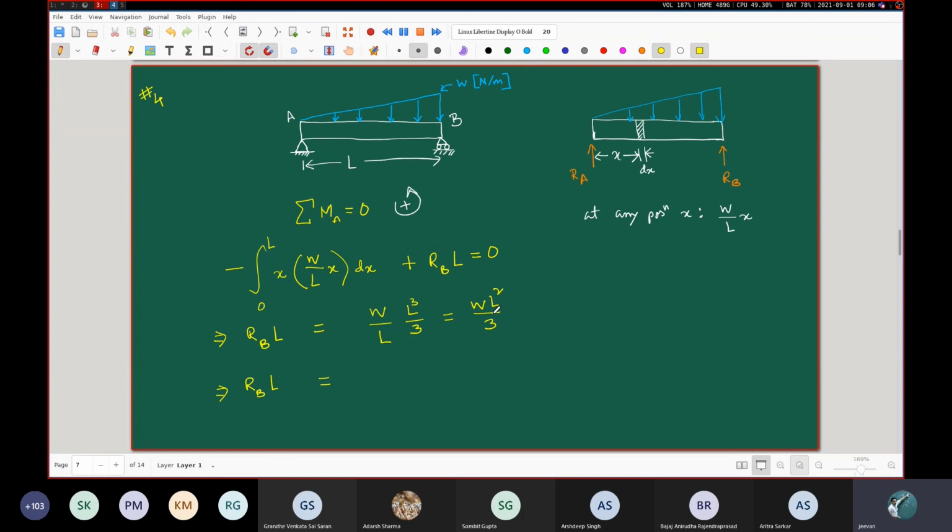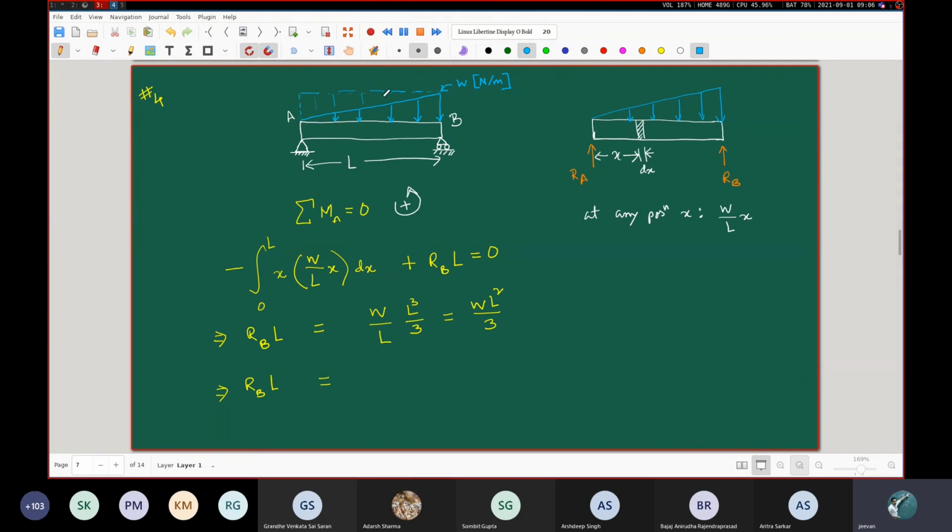The force that I want to write it in the way is, what is the total force due to this thing? What is it? It is W L by 2. So you can very easily understand that had this been a uniformly distributed loading like this, it is not like that, but suppose imagine for a moment that it is like that.